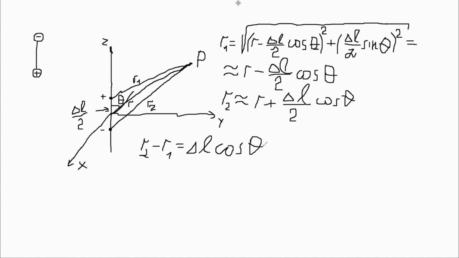Now we know that the current is equal to the current amplitude multiplied by sine omega t.